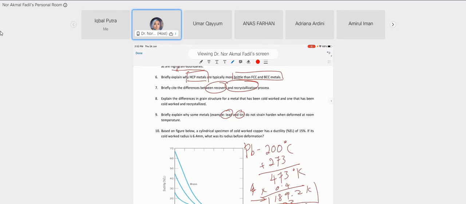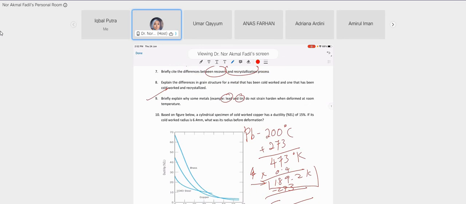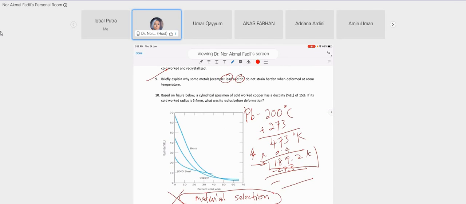Okay, done. Next: based on the figure below, a cylindrical specimen of copper has a ductility of 15. Where is 15? Here. So your material is copper, not this, not this, this. Copper with 15, so around this 20%.